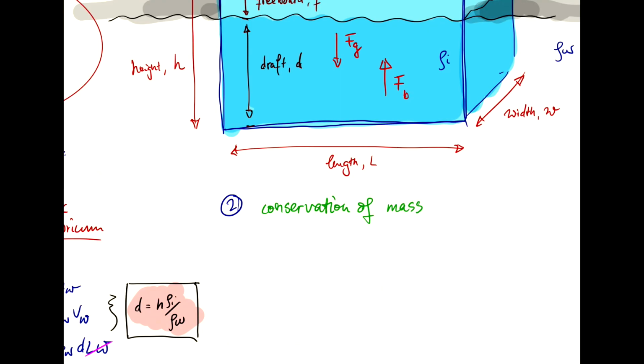Now the conservation of mass tells us that the mass of ice has to be the same as the mass of the melted water.